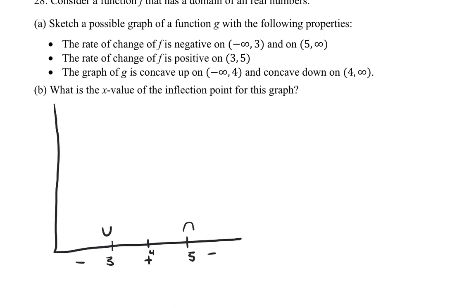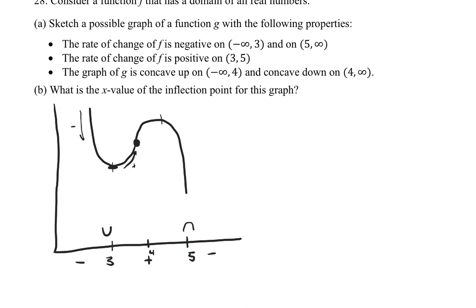So from this information, I can infer that if we have a point here, this is where the concavity is going to change. So this is going to look like this, and this is going to look like this. And we can check our points here. This is about right, because here we have a slope of 0, and this side it's decreasing, so that's negative, and here that's positive.